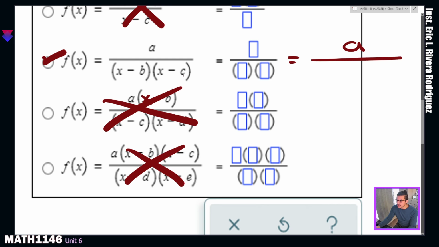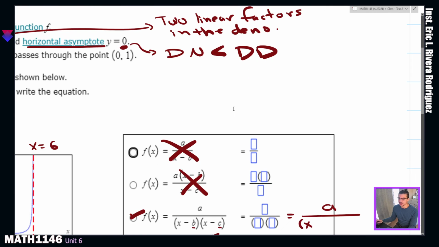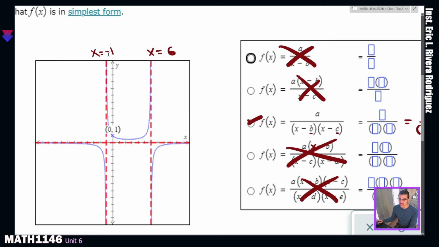So far, we know the values of B and C because we have two vertical asymptotes. From the vertical asymptotes, we can get -1 as one zero of the denominator and positive 6 as another zero of the denominator.